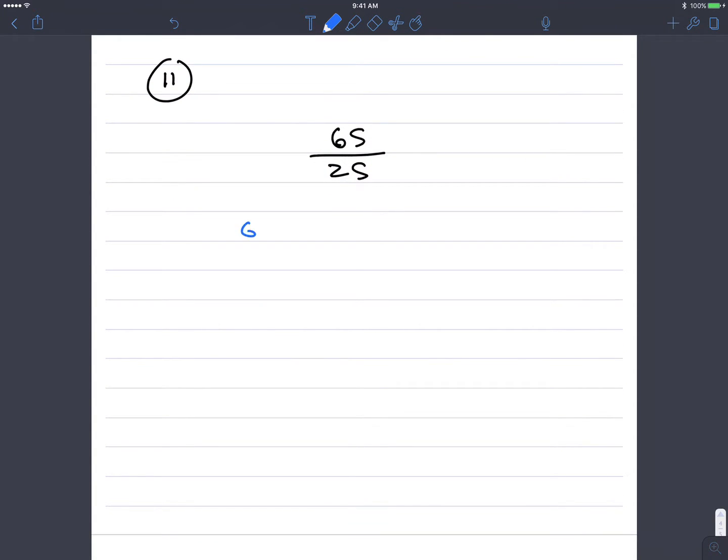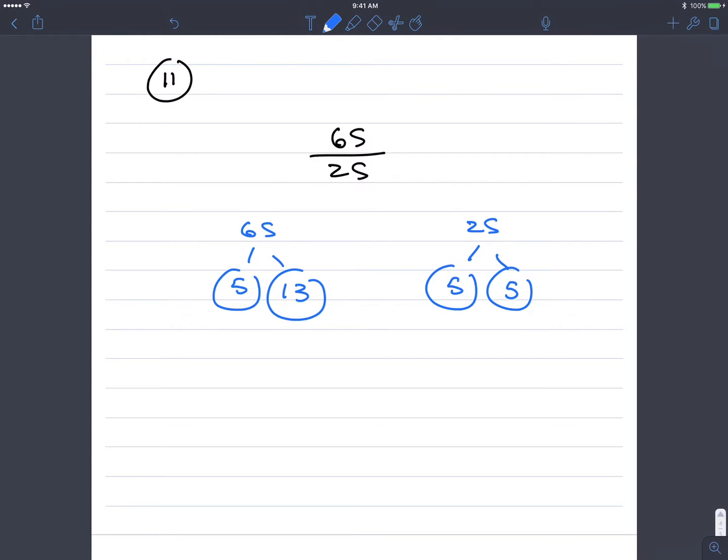So let's go to number 11. 65 over 25. If we break this down, 65 is 5 times 13. 5 is prime, 13 is prime. 25 is 5 times 5.